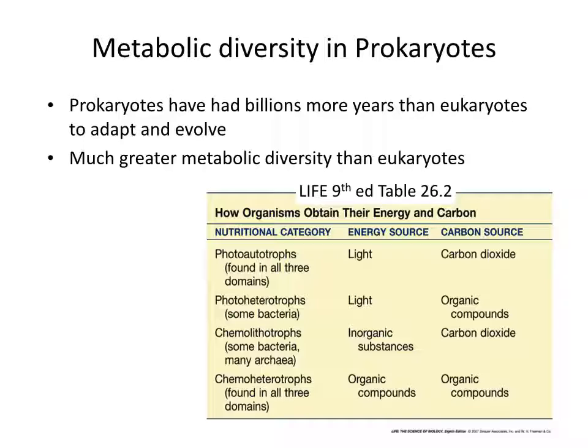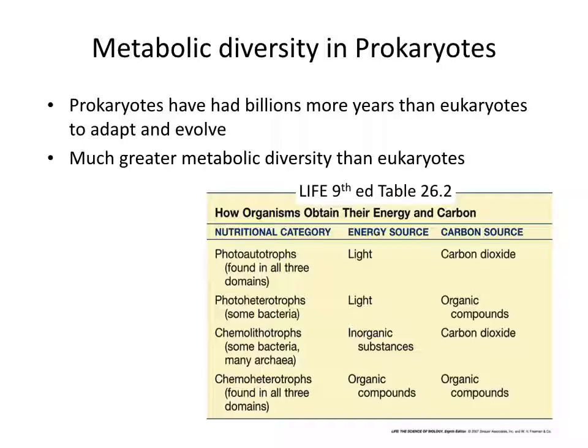Okay, so there are some bacteria that are photoheterotrophs. Chemolithotrophs, which are also called chemoautotrophs, actually get their energy not from light but from inorganic substances, certain molecules, certain ions. And they're lithotrophs or autotrophs, which means that they get their carbon from carbon dioxide, like photoautotrophs. So they have a way of fixing carbon.